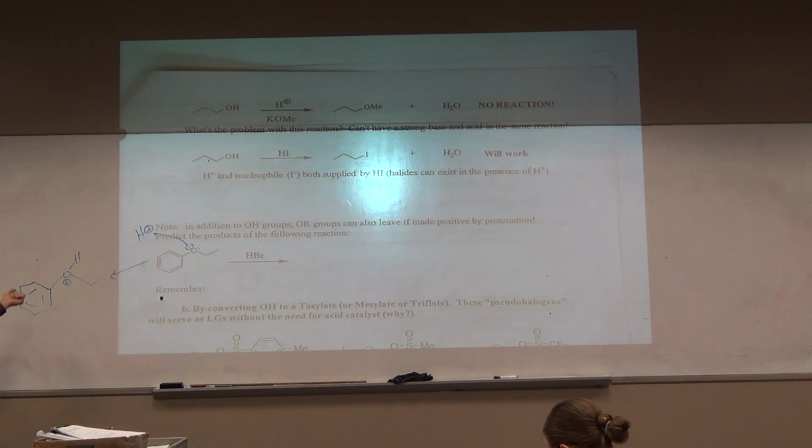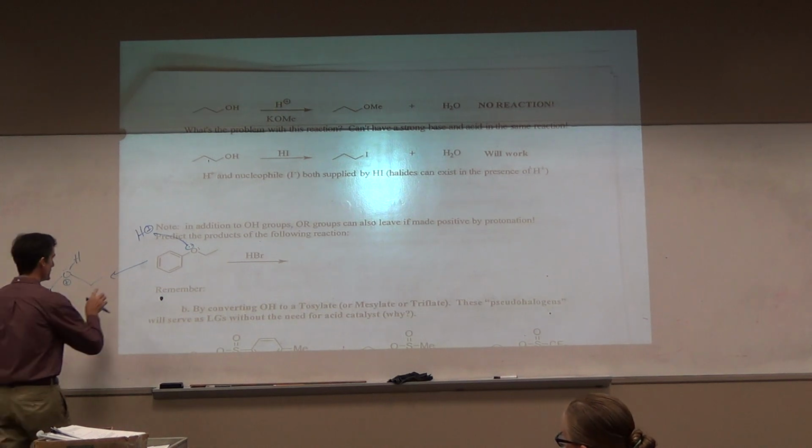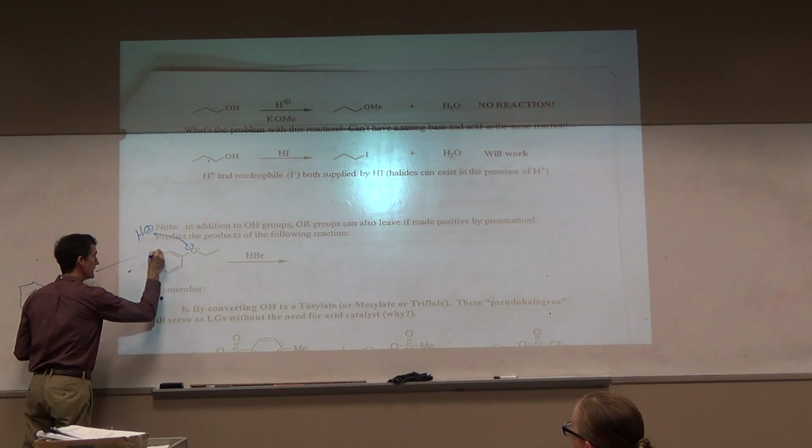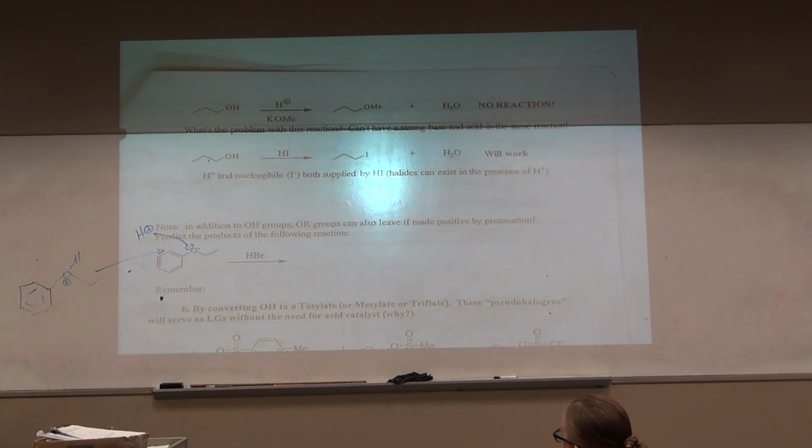There's no resonance stabilization of this cation. Why are we able to do this? Well, it's got a lone pair. That doesn't mean the equilibrium is good. The equilibrium looks like this. It's a very poor acid-base equilibrium.